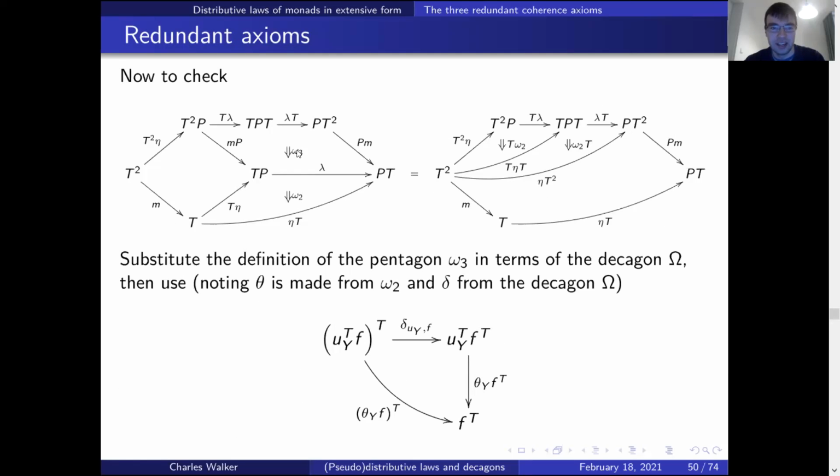If you sub that in, then you can apply this redundant axiom to turn this omega-2 and the decagon capital omega into just a single omega-2. When you do that, you'll end up with some pasting diagram just containing two omega-2s, and that's exactly this diagram. So that's how you recover this redundant coherence axiom.